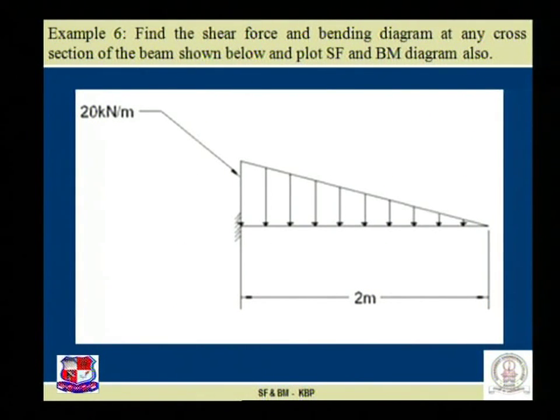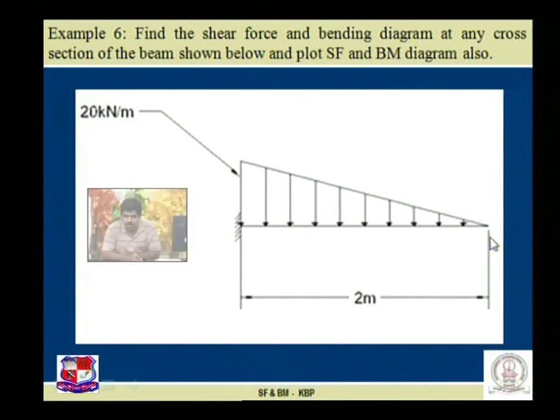Here in this particular problem, the next type of load, a varying distributed load, we are taking over here. A cantilever beam of length 2 meter is subjected to a UVL, specifically a triangular load, 0 at the tip and 20 kilonewton per meter at the support.